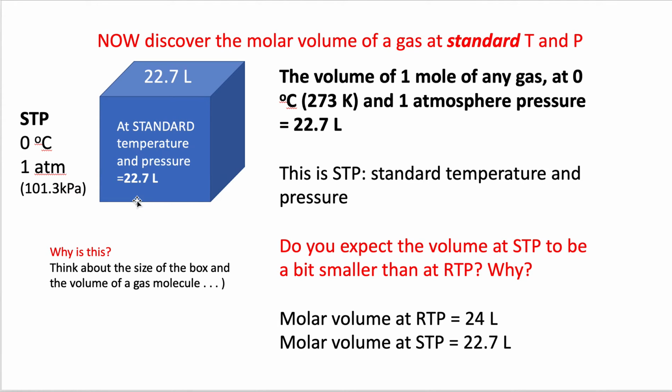And the volume there would be 22.7 litres. Now, that's a bit less than the 24 litres at room temperature and pressure. Is that what you would expect? Now, why would you expect that? So pause while you answer that.